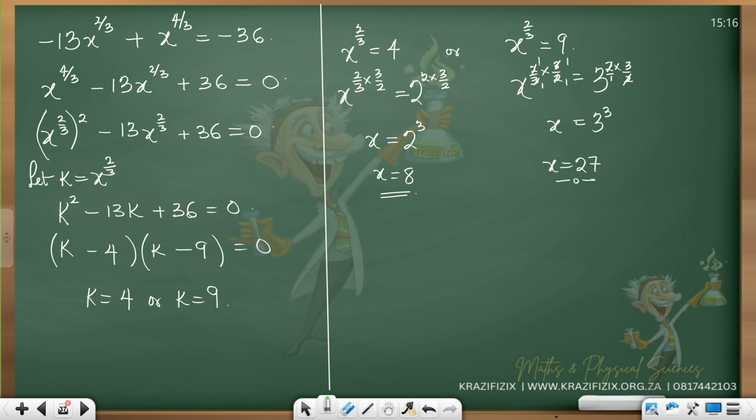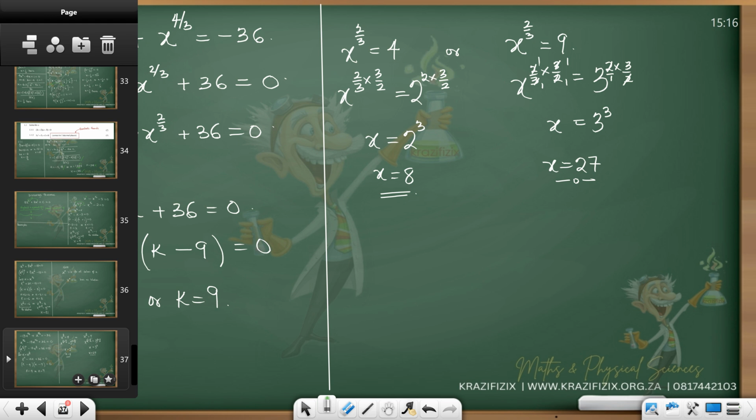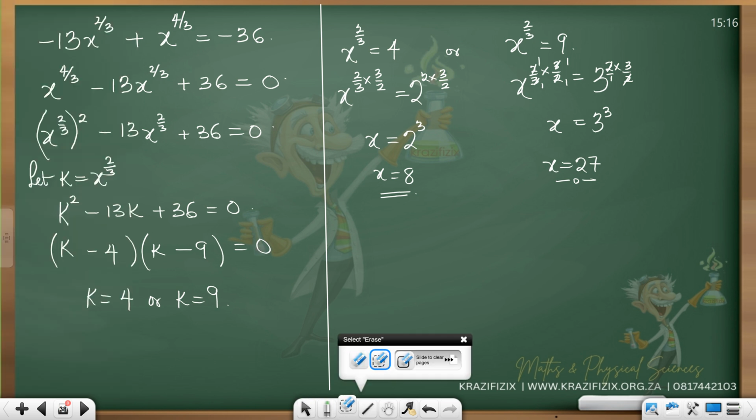Oh, by the way, I want to do something on this one as well. Do I have a picture? Thank you, Nobuhle. While still on this one, let me show you something very important as well. Since I have identified that it is a trinomial, look at what I could also do.